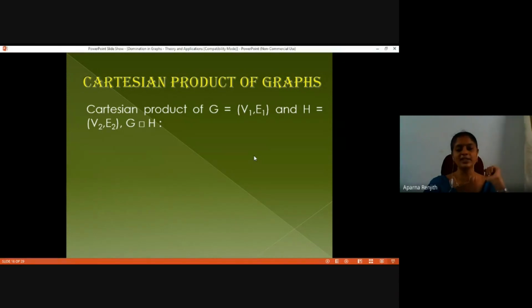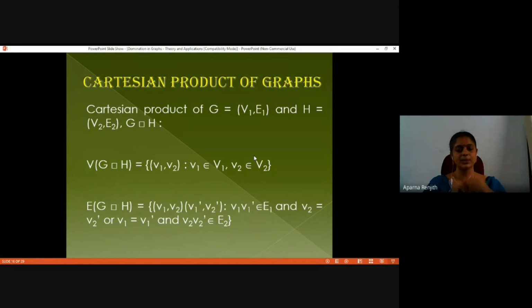Then the Cartesian product is denoted by G box H. The vertex set is the collection of all ordered pairs in which the first vertex is taken from G and the second vertex is taken from H. And 2 vertices, say (v1, v2) and (v1', v2'), are made adjacent to each other if v1 equals v1' and v2 is adjacent to v2', or v1 is adjacent to v1' and v2 is equal to v2'. In these 2 cases, we draw adjacencies.